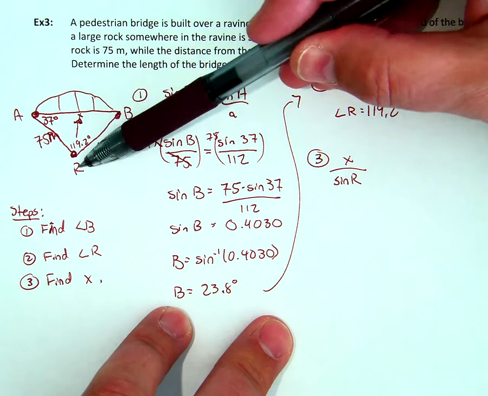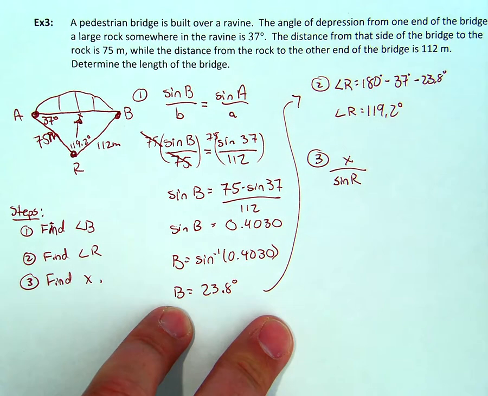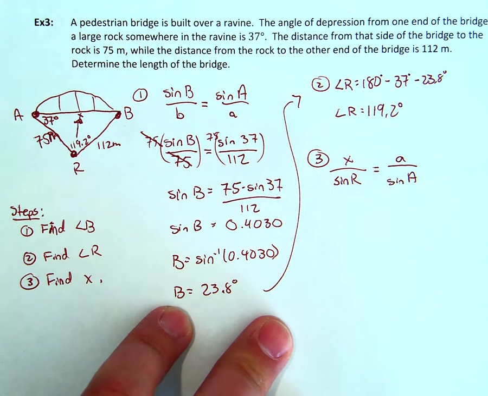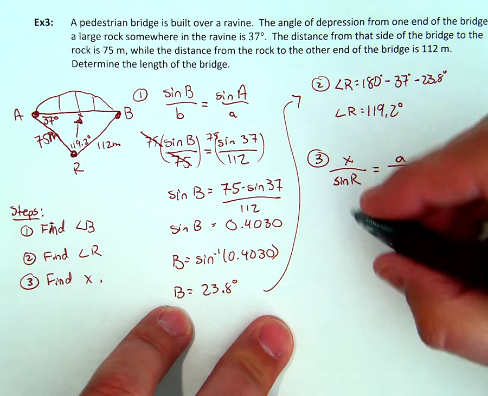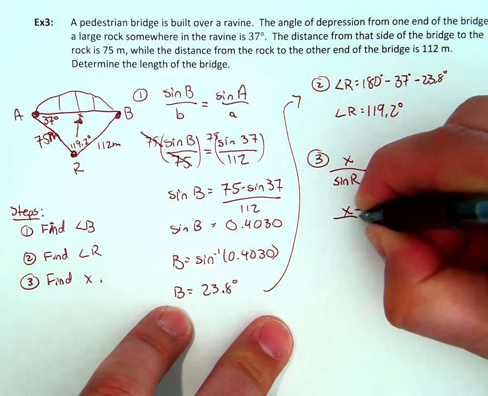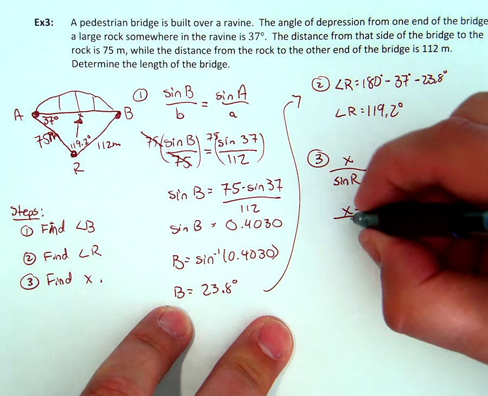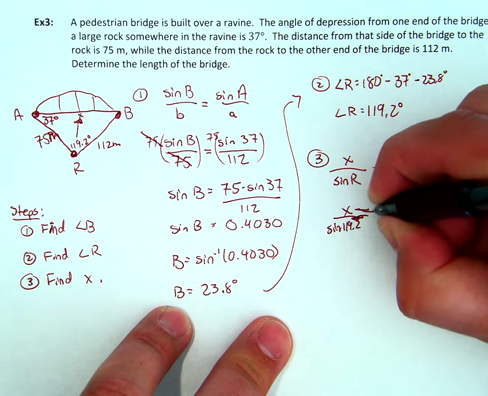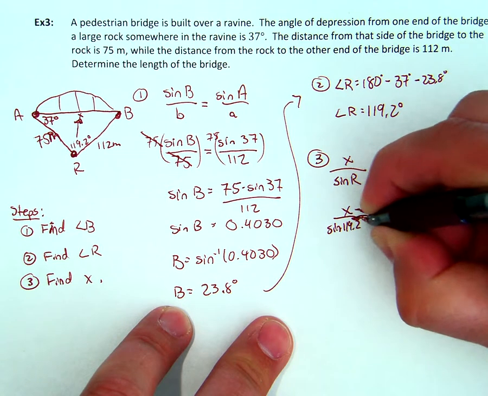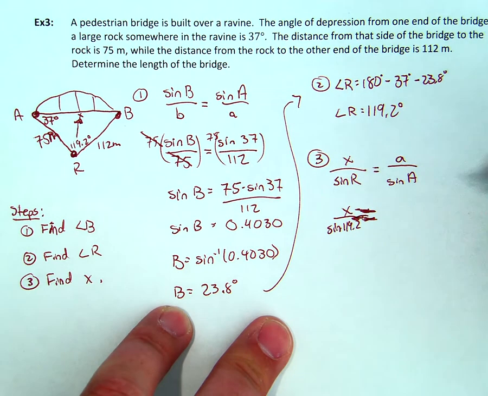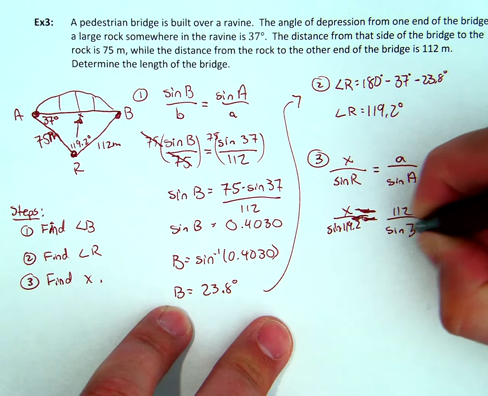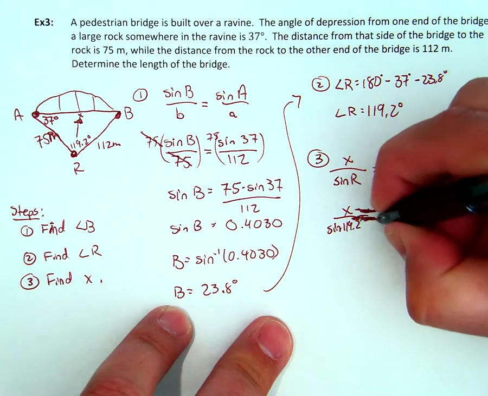So x across from sine R is going to be equal to, I'll use the givens, little a over sine big A. So then just substituting everything in, x over sine 119.2, I made a mess of that, equals, that looks really messy, but that's good, we can carry on, 112 over sine 37. It's supposed to be an equal sign, but it's terrible.